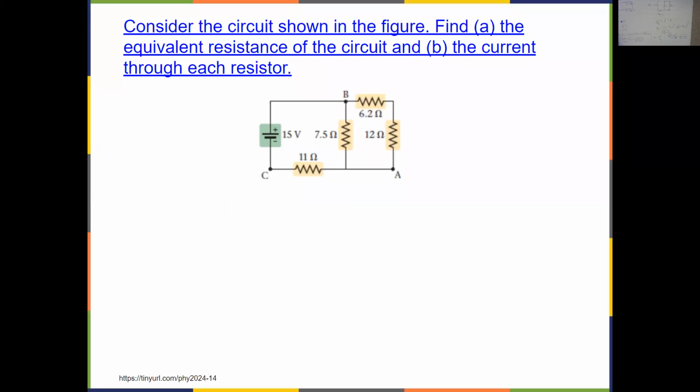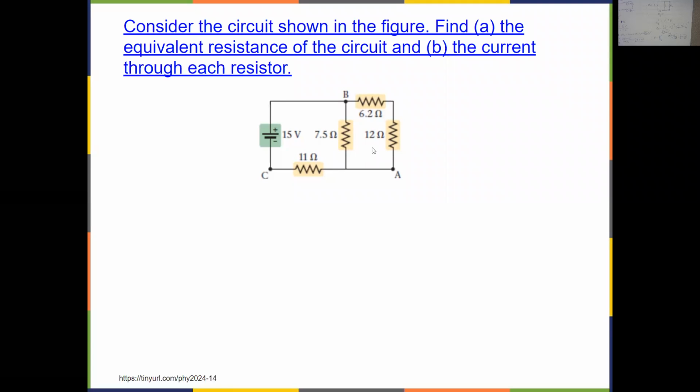Let's take a look at this example here. It says, consider the circuit shown here. Find the equivalent resistance of the circuit, so that means the equivalent resistance of the whole circuit, and then B, the current through each of the resistors.